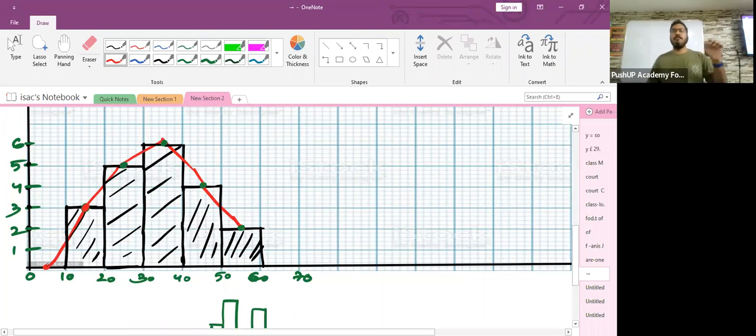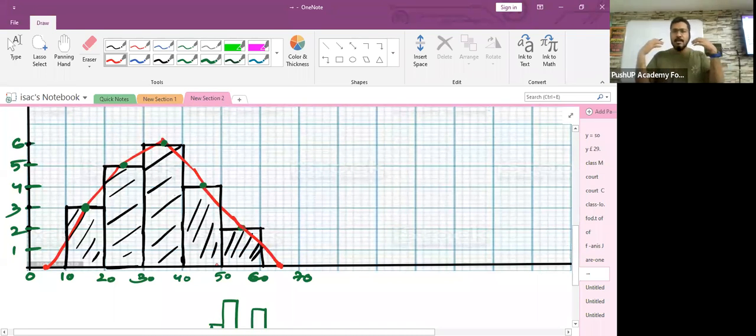Now take the last frequency, children. Take the last frequency and connect it to what? The midpoint of the next class interval after 50 to 60.